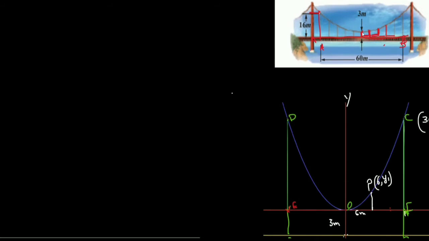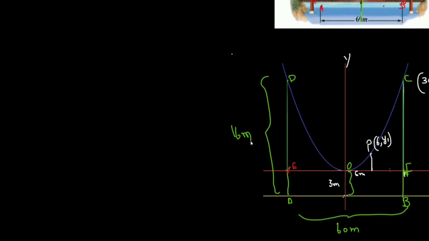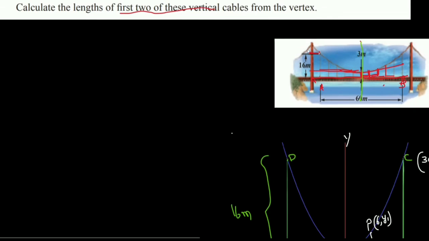Now at the vertex, let us draw. This is the vertex. Through the vertex we are going to draw the x and y axis. This distance is 3 meters, and this distance is given as 16 meters. From this place, the full length is 16 meters.